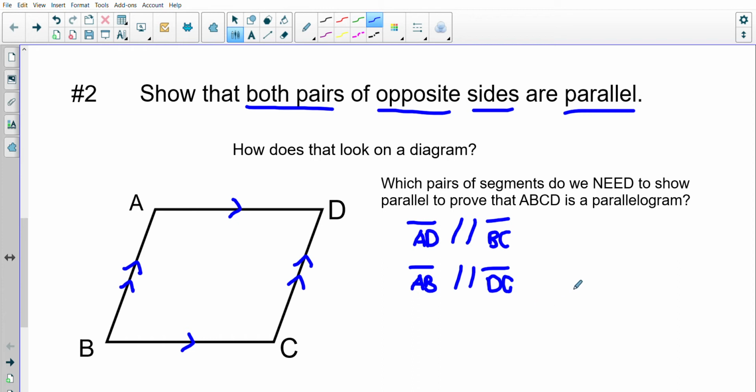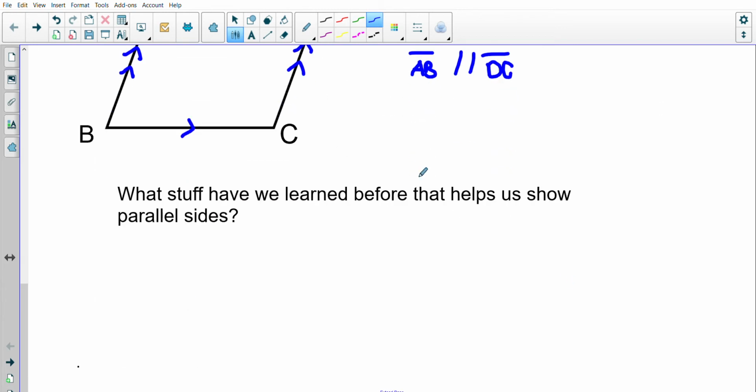Now let's talk about this. When we have parallel lines, there are all sorts of things that we've covered this year, and to make this process go a little quicker, I'm just going to type this stuff out. Which things have we learned before that are going to help us show parallel sides? Which theorems have we talked about?